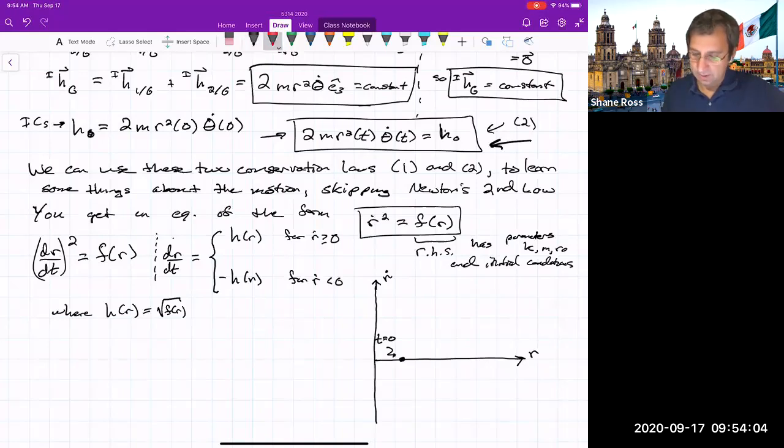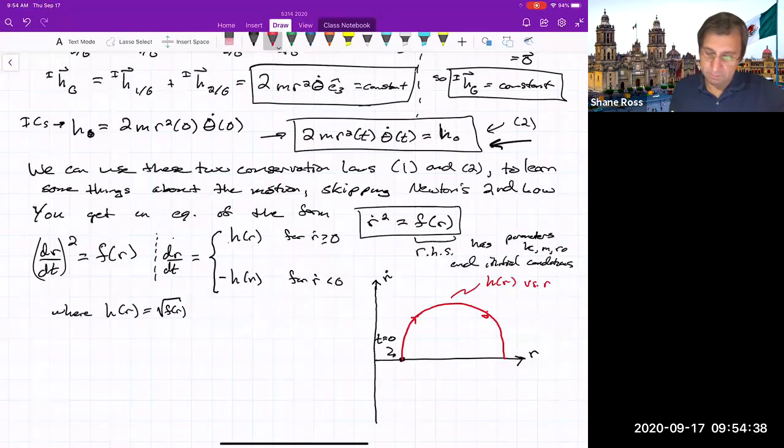The radial dynamics is just the distance between the two particles, or half the distance between the two particles. What is this? This is just h(r). So we're plotting h(r) versus r, and we get this upper half of a cycle.